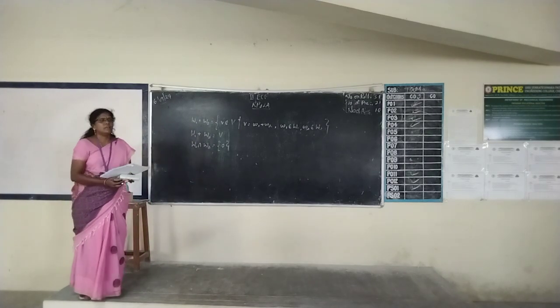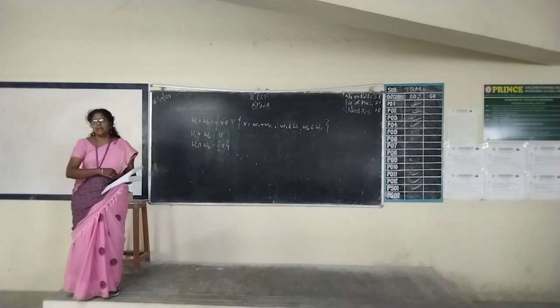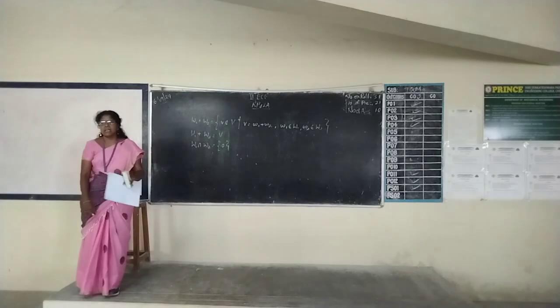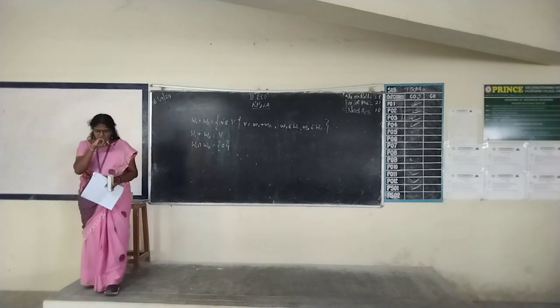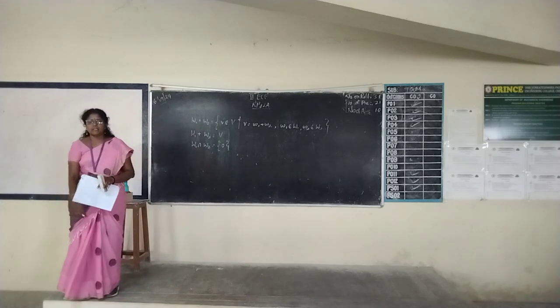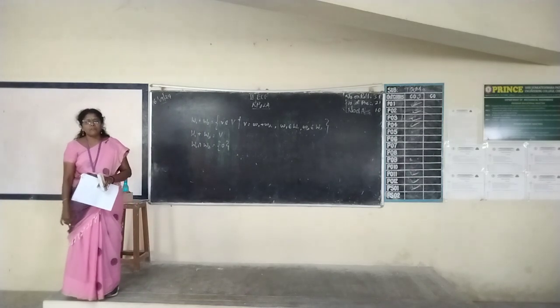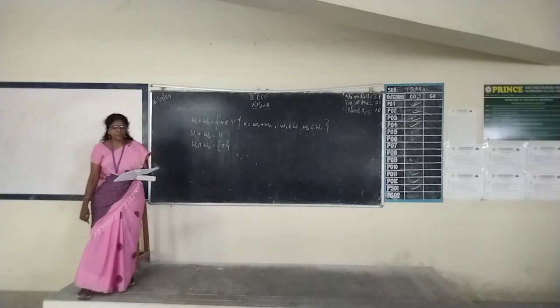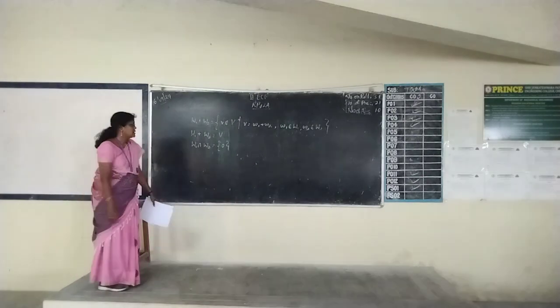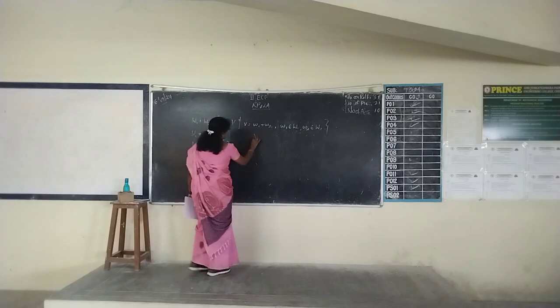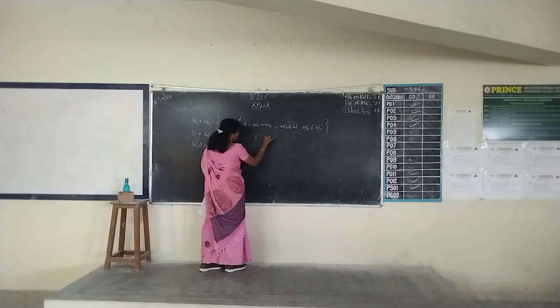If V is a direct sum of W1 and W2, then V is equal to W1 direct sum W2.